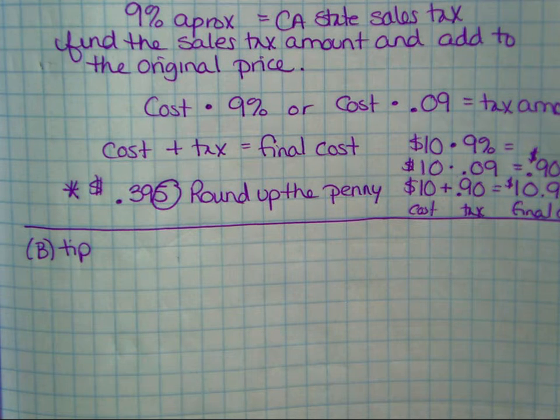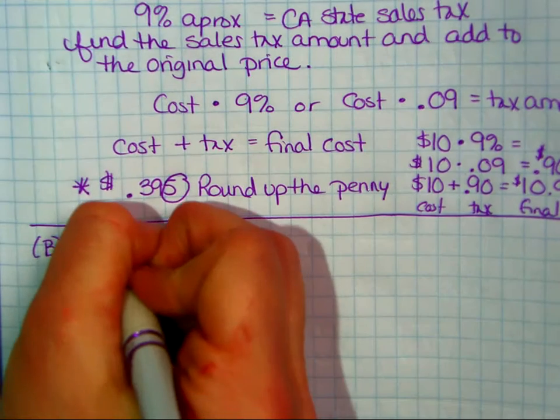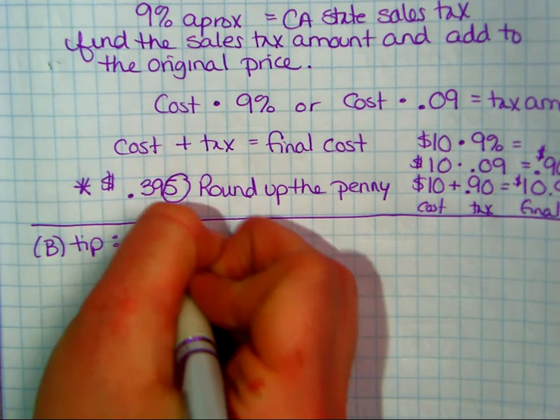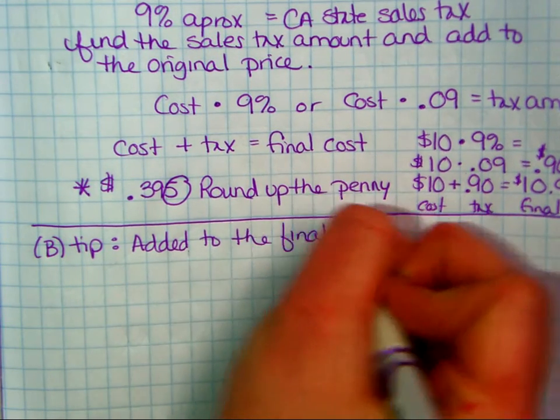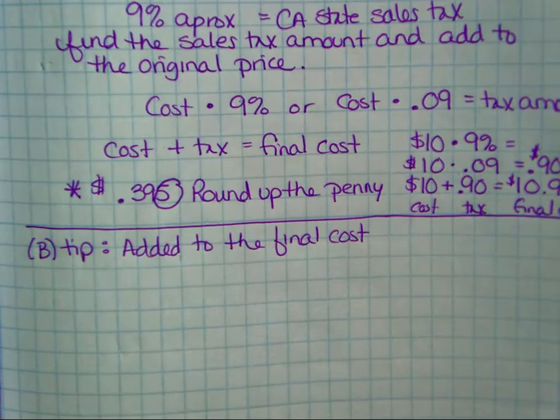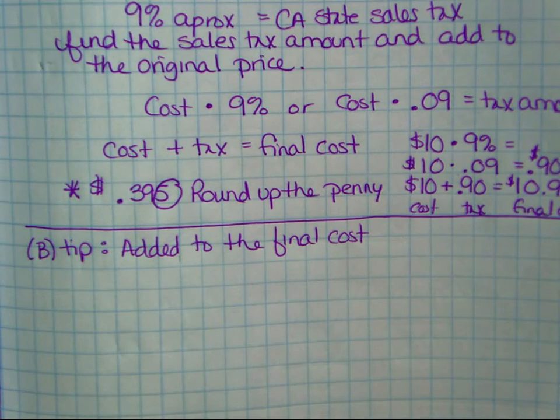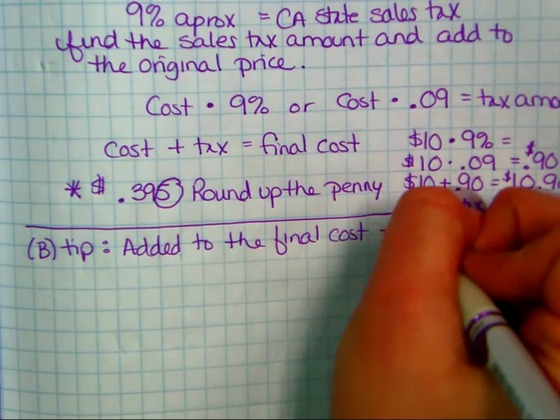All right, now let's do tip. Tip is another one that is added to the final cost, and it is calculated on the cost before tax.